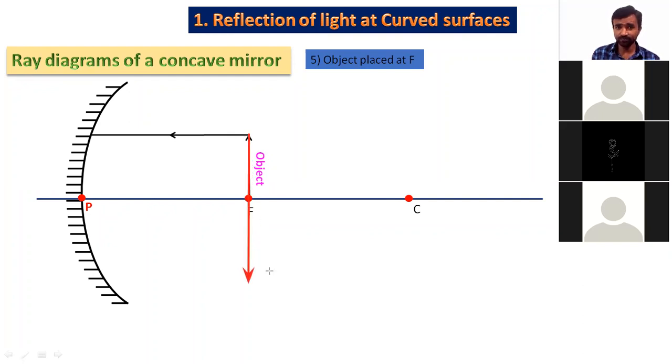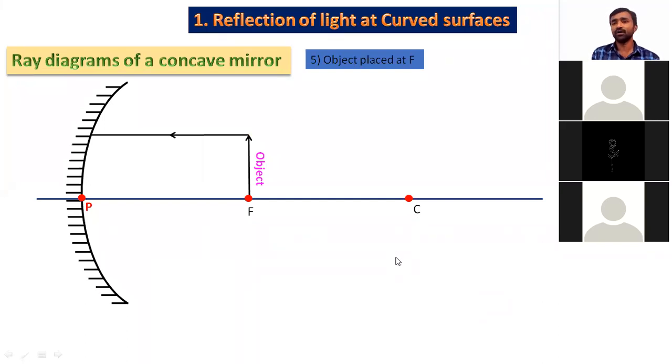Will it meet the mirror surface? If I go for R2, will it meet the mirror surface for any extension? No, sir. So that's why we are not going for R2 here. Clear?